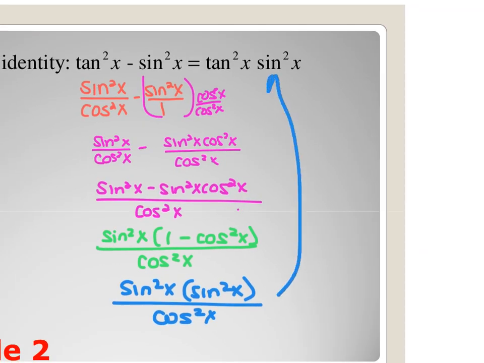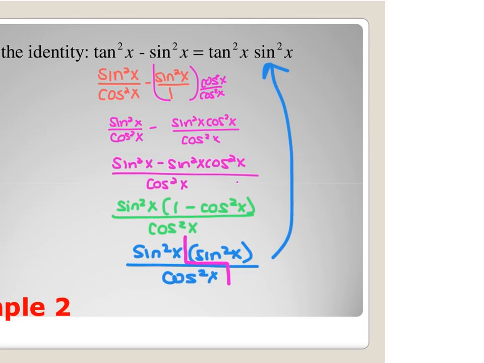I haven't hit this yet, but I'm close, right? What can I do to get sine squared x times sine squared x over cosine squared x to become tangent squared x times sine squared x? Split them up. So I can take the sine squared x over the cosine squared x. Because it's multiplication, this is the same as what was written before.